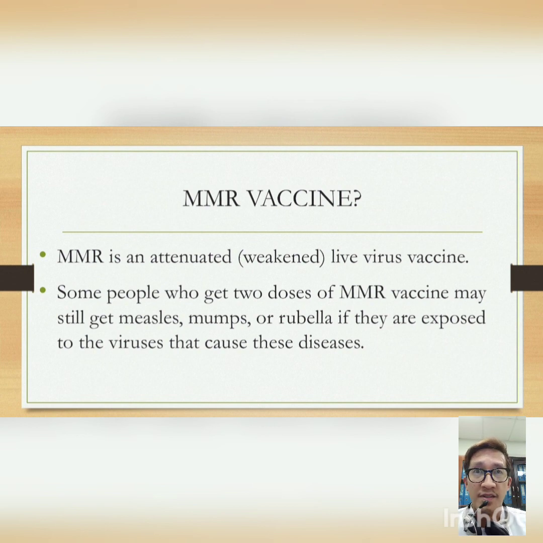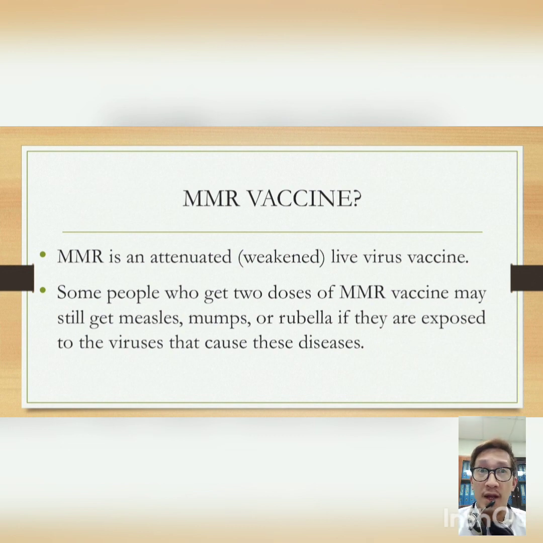The person's immune system fights the infection caused by these weakened viruses, and immunity, the body's protection from the virus, develops. Some people who get 2 doses of MMR vaccine may still get measles, mumps, or rubella if they are exposed to the viruses that cause these diseases.